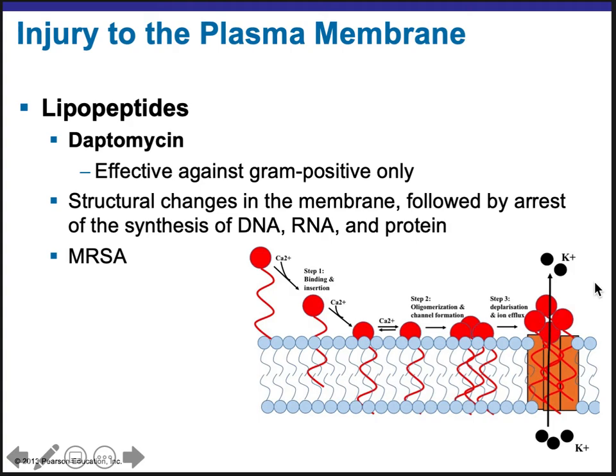So when you let these ions flow, you no longer maintain the correct membrane potential, and you lose your ability for the cell to perform its normal activity. And this is primarily used to treat MRSA, methicillin-resistant Staphylococcus aureus. Okay.